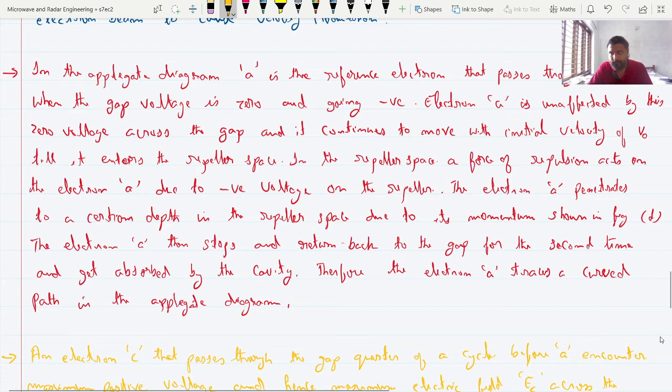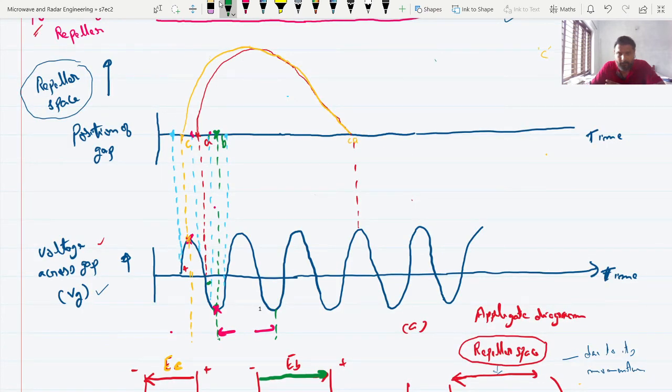The electron B, just like electron P, passes through the gap a quarter of a cycle after A, while C is a quarter cycle before A.